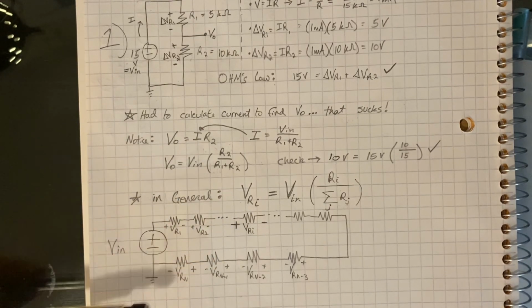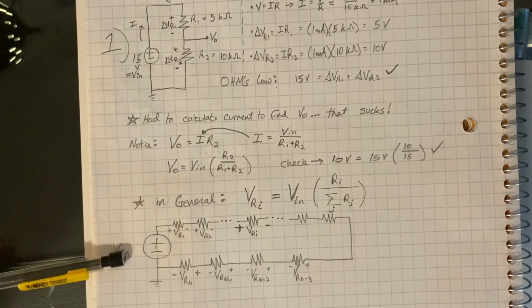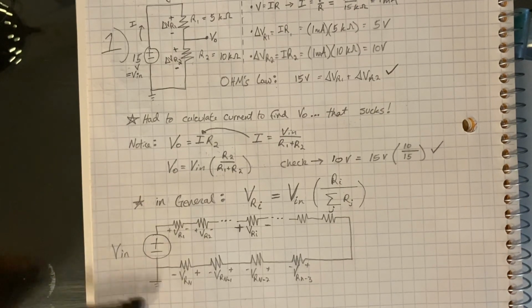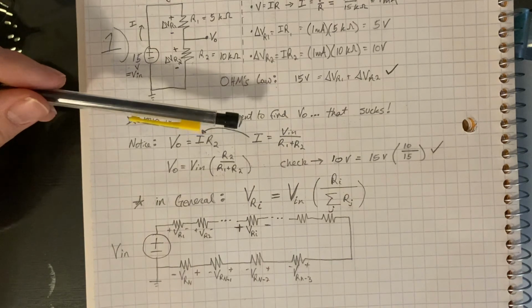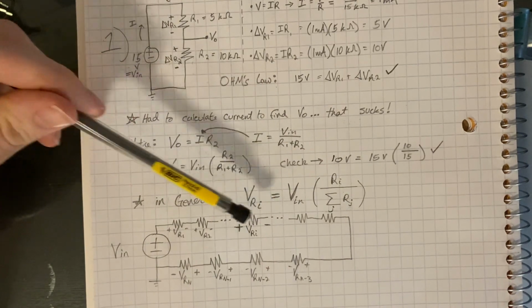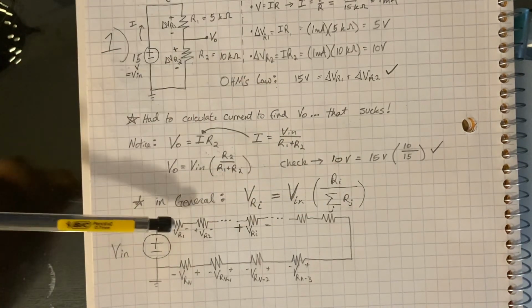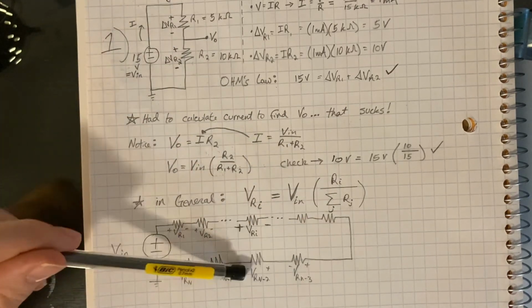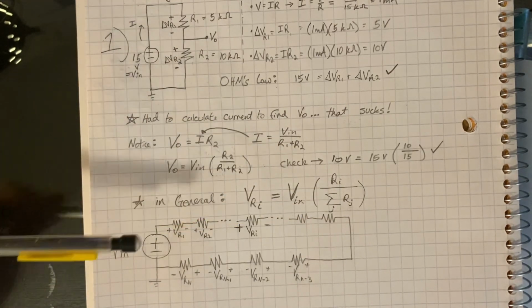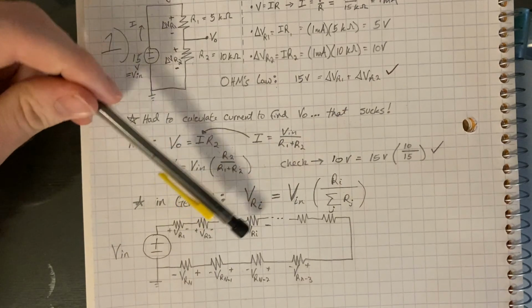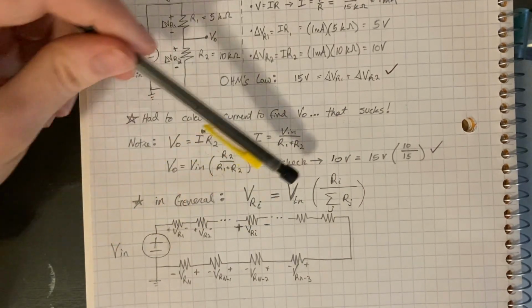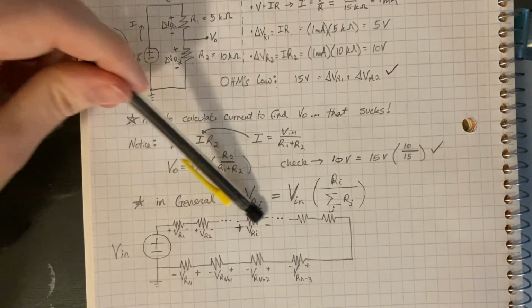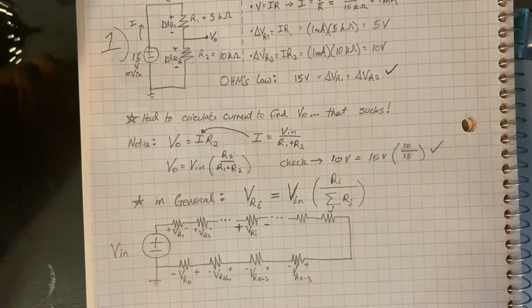All we need to do is we know that the voltage across the whole combination in series is V in. We multiply that by the resistance in question and divide by the sum of all these added together. So if these are all 1K resistors, we would just have the voltage across this one is V in times 1K over 1, 2, 3, 4, 5, 6, 7, 8, 9K.